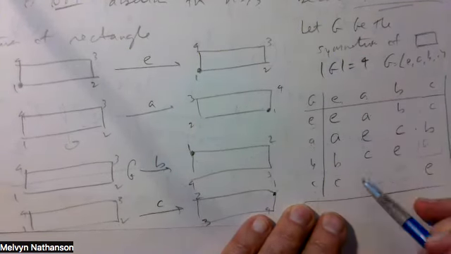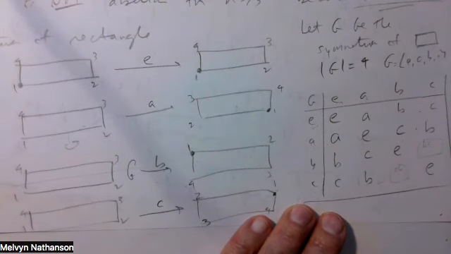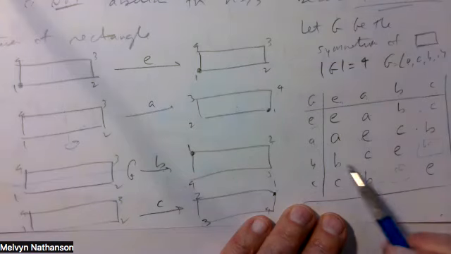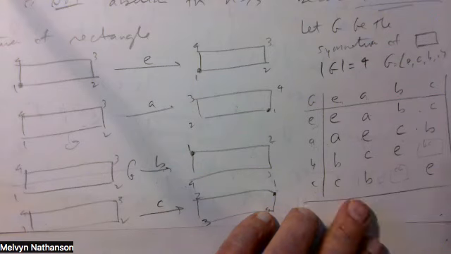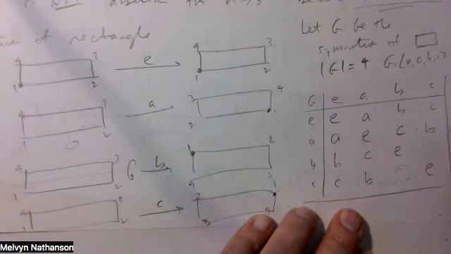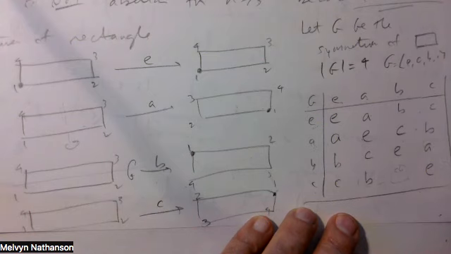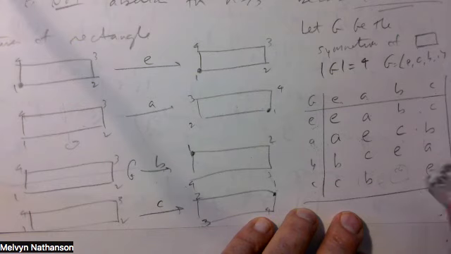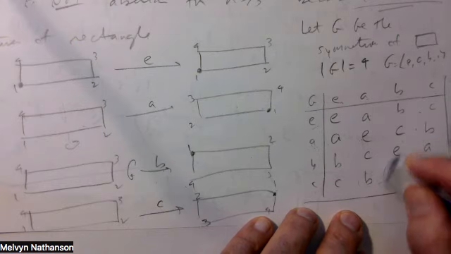This is B. And BC is correctly identified as A. And CB is correctly identified as A also.